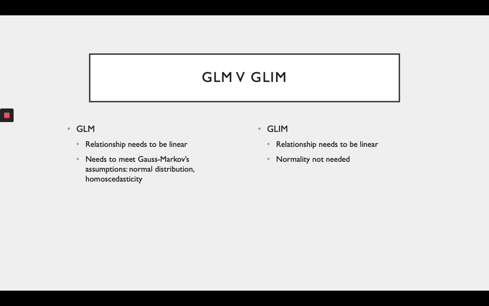So we can consider the general linear model compared to the generalized linear model. So the GLM, your data, the relationship needs to be linear, but so does it with the GLIM. However, the GLM has more assumptions that need to be met, including normal distribution and homoscedasticity. And with GLIM, you don't necessarily need normality. You're able to still use it.